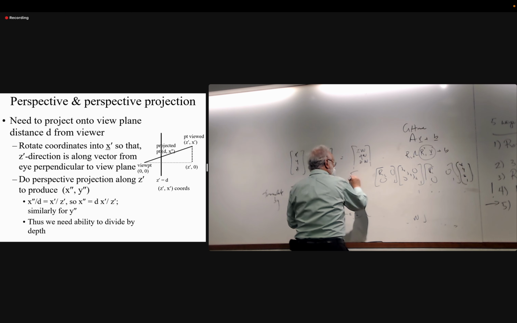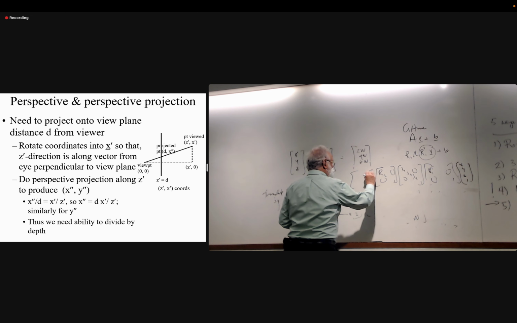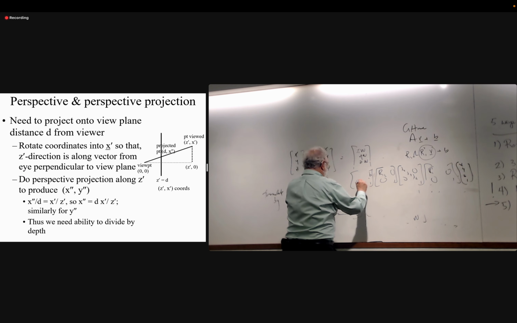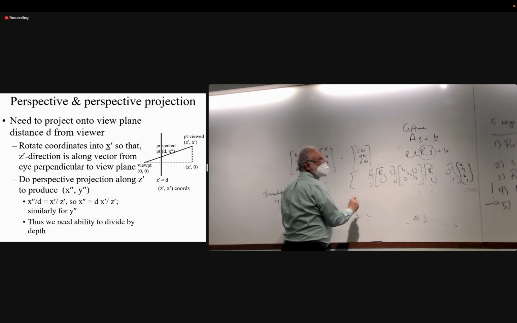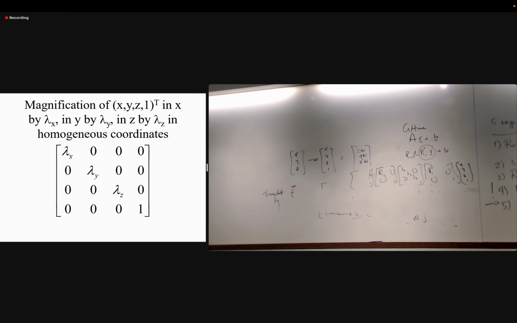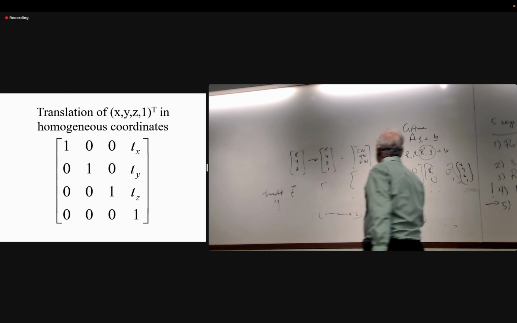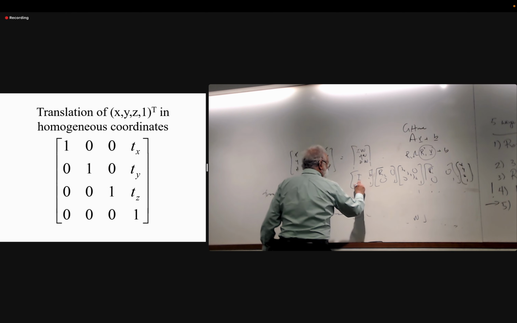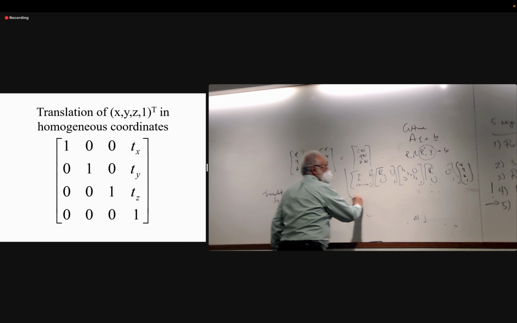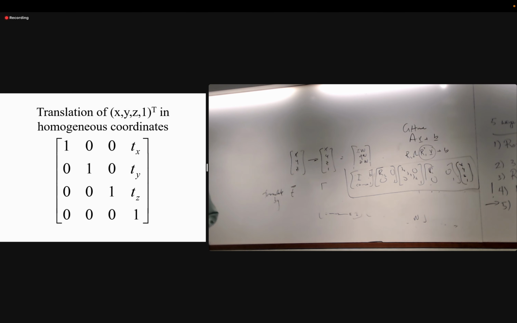And then we're going to multiply by the translation. There it is. Identity in this one, the identity, 0, and B1. Right?